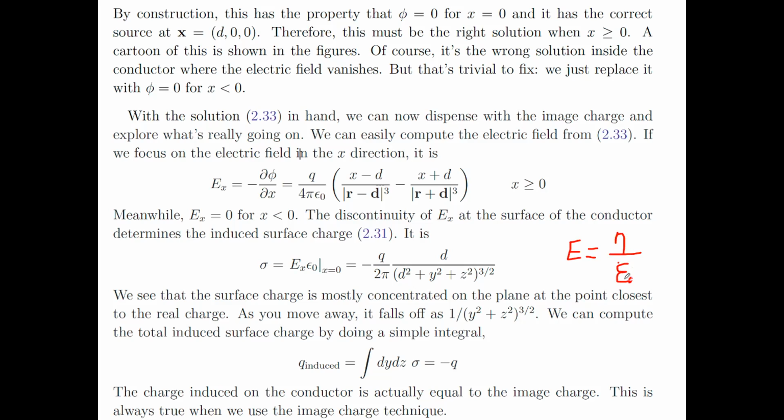If you remember, this is what we learned in a previous lecture. Here it used sigma, it didn't use eta. Let's say eta. The surface charge density equals, of course, E times epsilon 0.